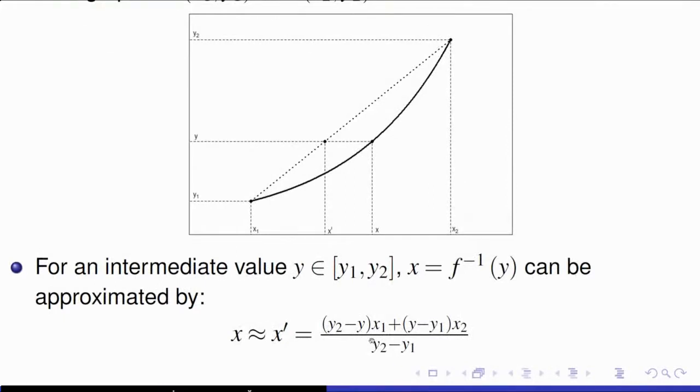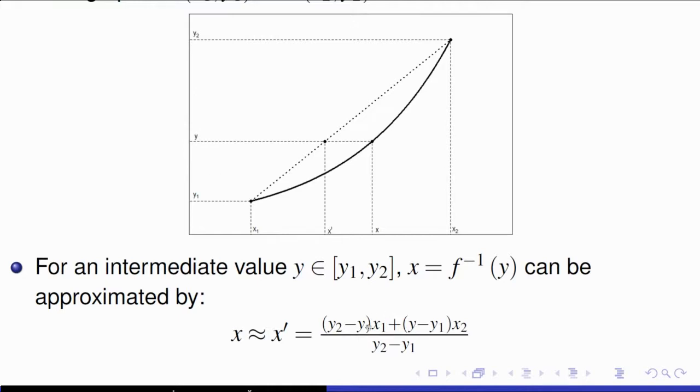And this time, you see, we know that this x prime value is just going to be somewhere between x1 and x2 due to the monotonicity of the function. And we can calculate that x prime value as a weighted average of x1 and x2. And how do we determine the weights? The weight of x2 will be proportional to the distance between y and y1. And the weight of x1 will be proportional to the distance between y2 and y.